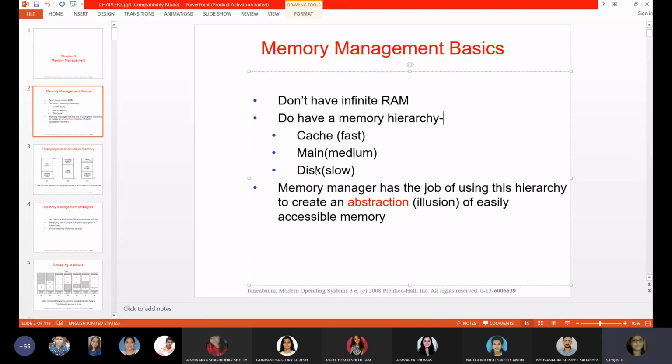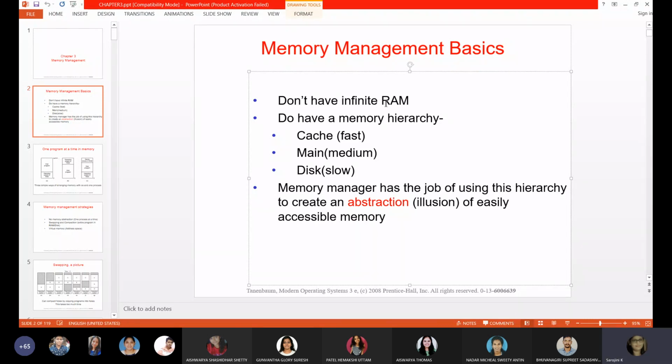And disk has so much storage capacity, but it is very slow. So these are the different hierarchies of memory. Then you may ask, ma'am, with these different hierarchies, what will the operating system do?